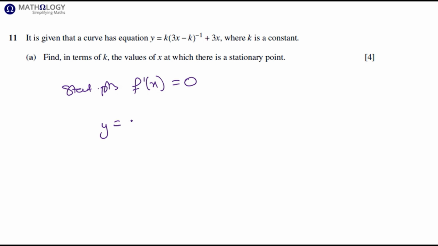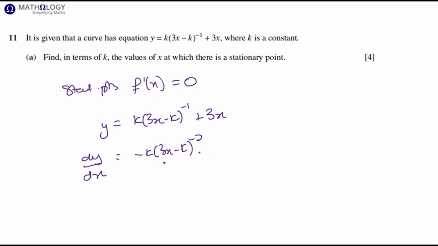So y equals k divided by 3x minus k. Rather, let's just leave it in this form, because we're going to be differentiating the function. So dy dx equals minus k times (3x minus k) to the minus 2 times the derivative using the chain rule of 3x minus k.